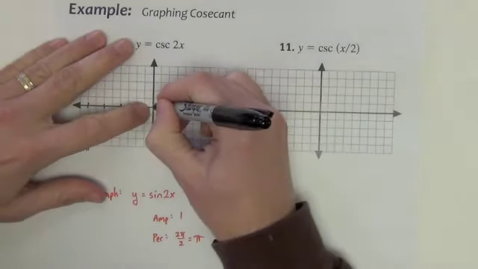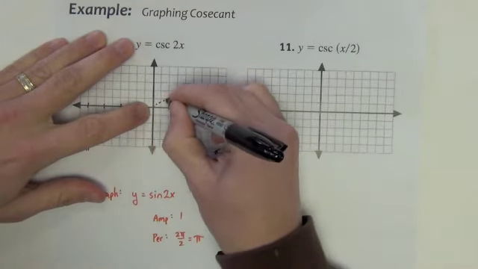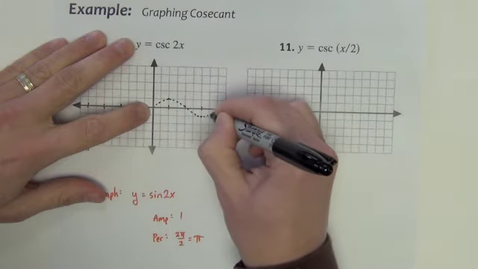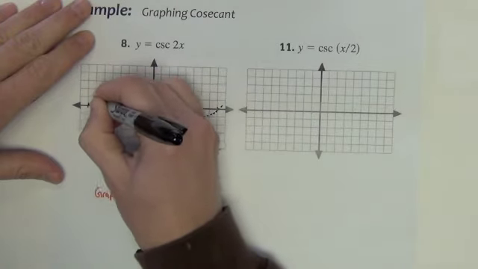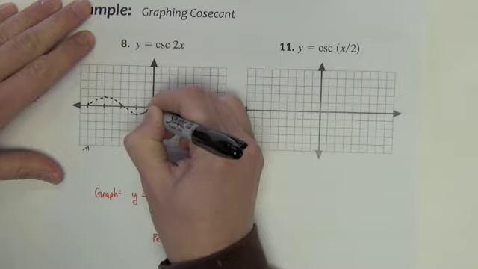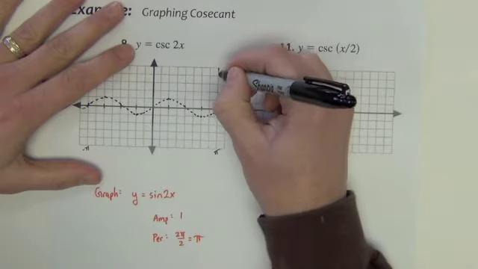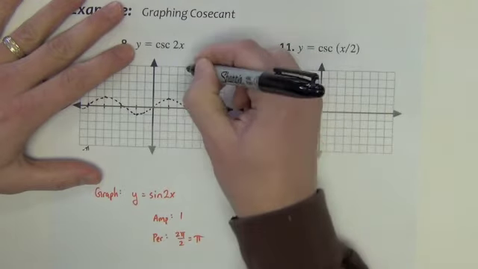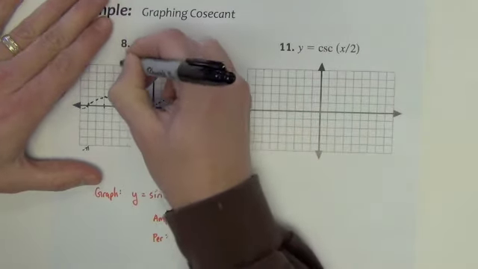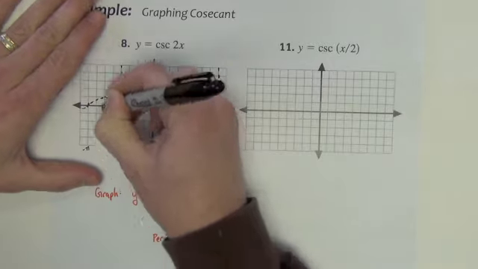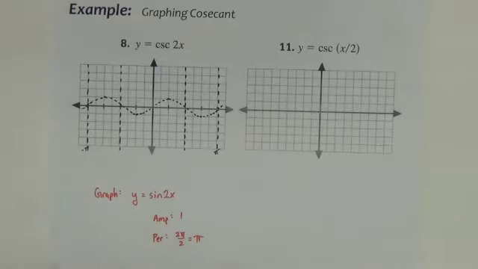Sine starts at the origin, goes up 1, back to 0, down 1, back to 0. Okay, and the same thing in the other direction. Okay, so it looks like that. We're going to throw in our vertical asymptotes. This one's right on the y-axis. Okay, and let's put in the curves.